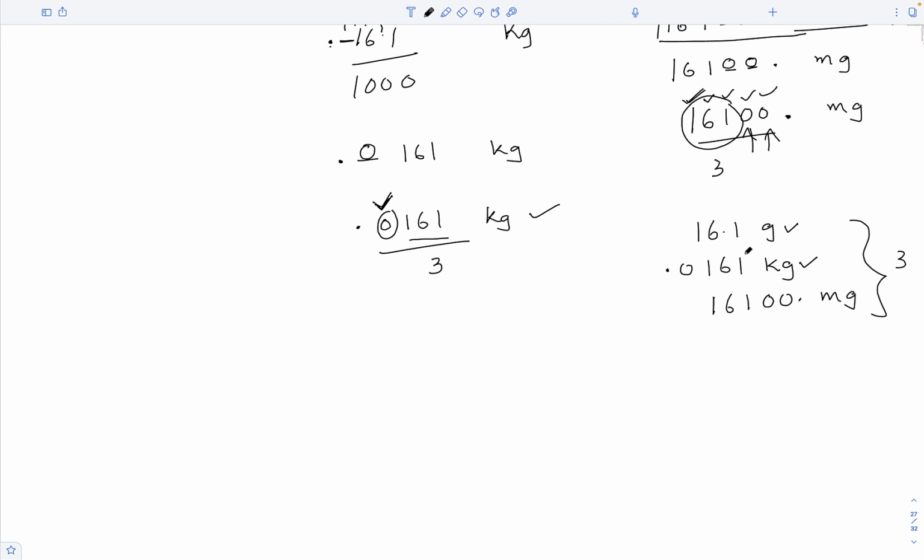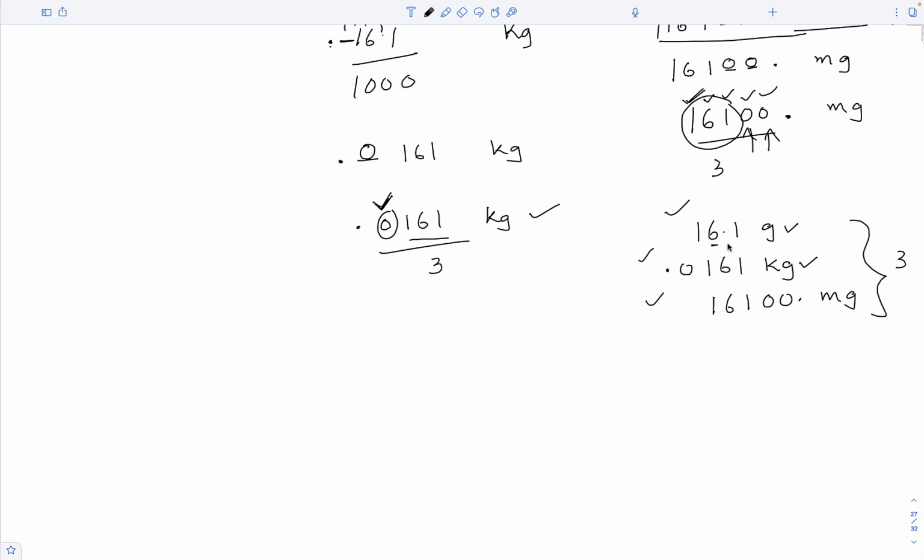And here is another very important observation that we should make. To convert this measurement from grams to kilograms, we moved the decimal point by 3 places to the left. And to convert it into milligrams, we moved it by 3 places to the right. So, the location of the decimal point is not the same in these 3 values, obviously.